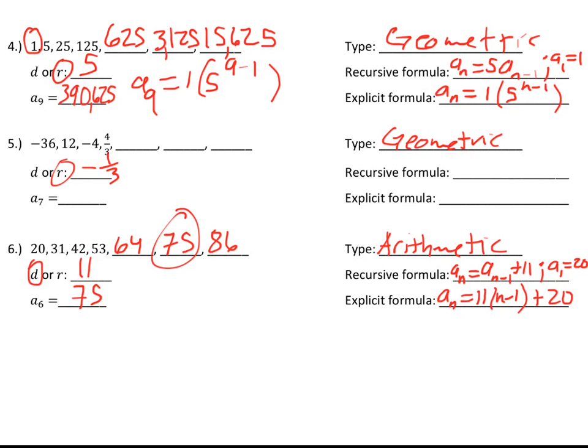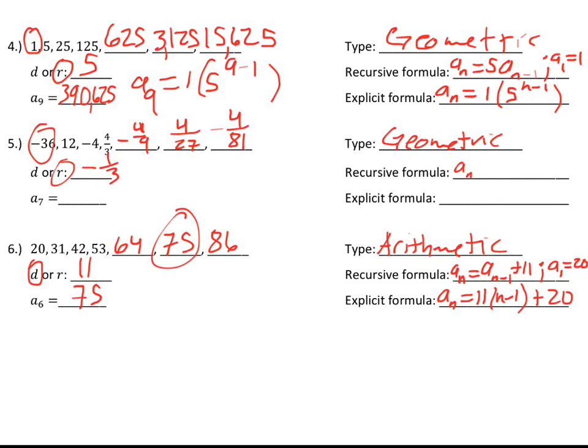If you want to get the next terms of the sequence, just take what you currently have and times by -1/3, which is going to give you -4/9, and then positive 4/27, and then -4/81. The recursive formula requires your common ratio and your initial value.